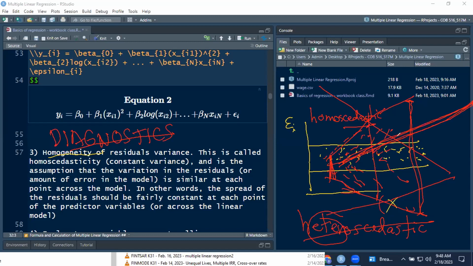Kasi pag ganyan kasi residuals natin, class, ibig sabihin nun, what does that mean? It's increasing over time, di ba? Right? So hindi siya constant. So this is a type of residuals that's not constant if your residuals behave this way. Okay, so sabi natin, our residuals should be fairly constant across the values of your predictor variables.